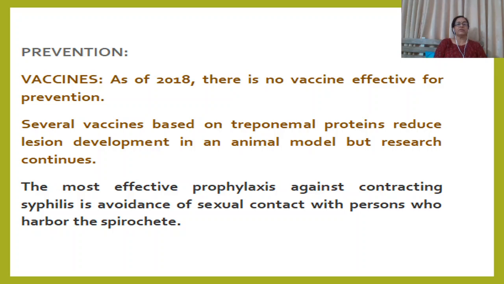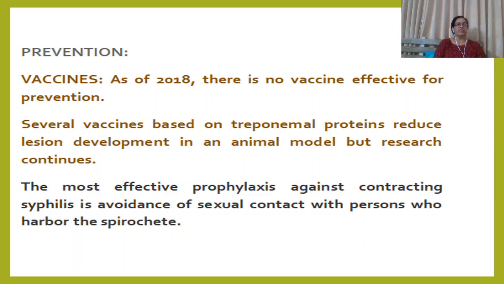So as per CDC, in 2018, the last trial on the development of a vaccine against this, it is observed that whatever vaccine was prepared using a rabbit model was not at all effective for prevention of the disease.